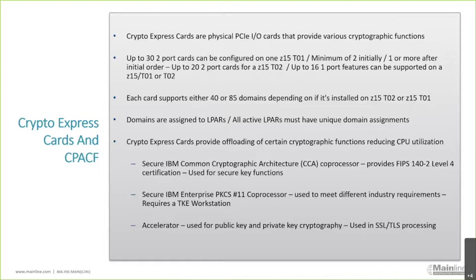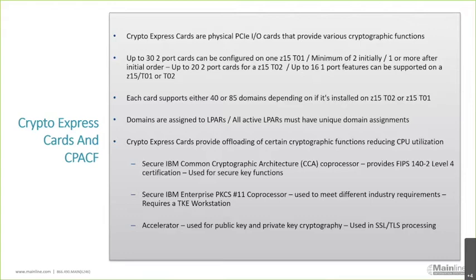They come in a couple different flavors: a 2-port card and a 1-port card. The important thing to remember is that when you order these initially, you'll have to order a minimum of 2. Because these cards store cryptographic keys, you want to have redundancy and failover, so that's why you'll have to order 2 of them. After that, you can order one or more, depending on your needs.